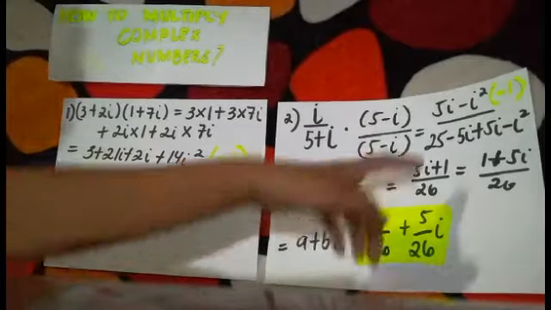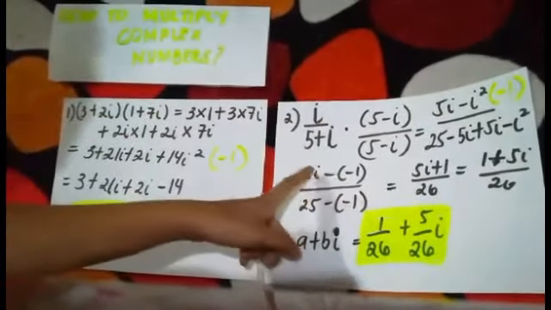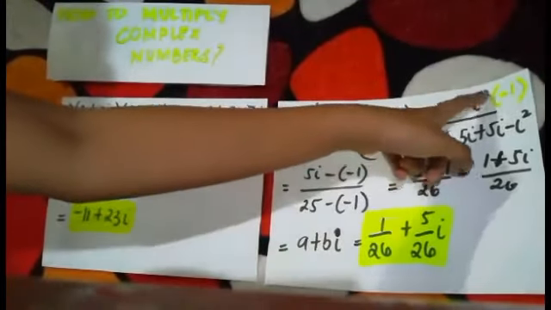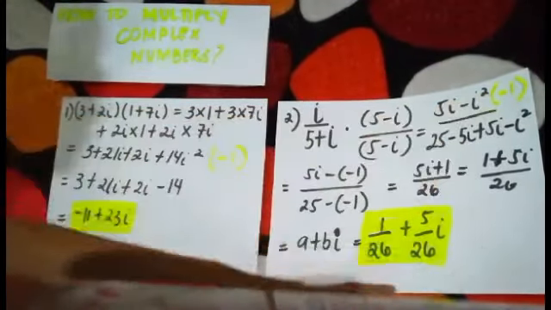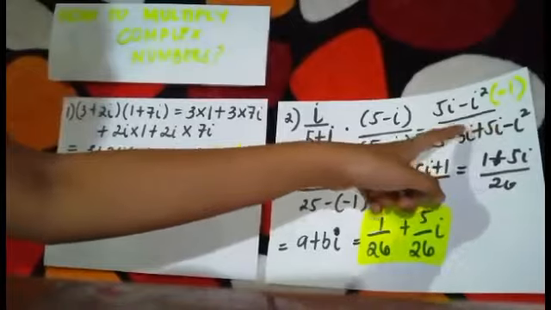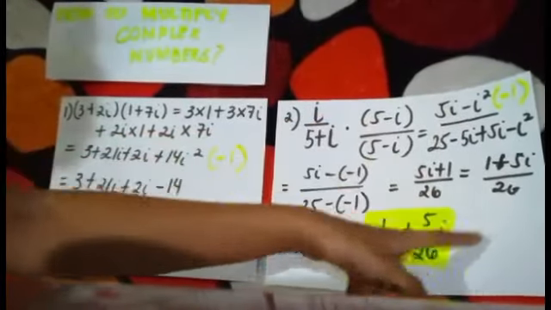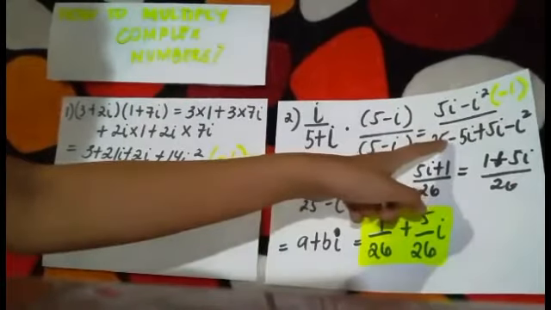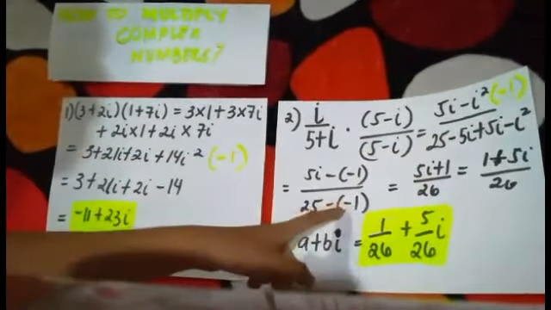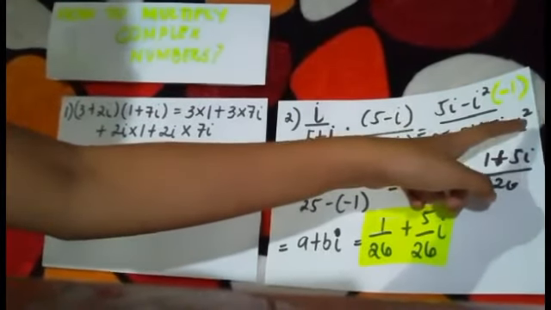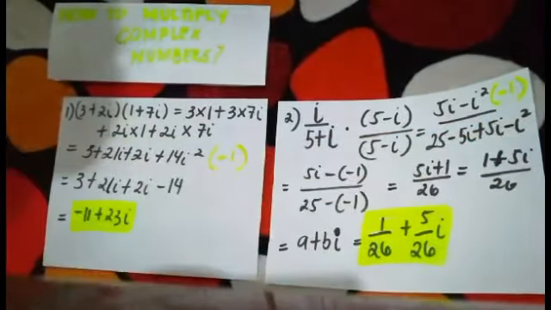Then 5i minus negative 1, because i squared is equal to negative 1. Then negative 5i plus 5i is equal to 0, so we will cancel this. Then 25 minus negative 1, because i squared is equal to negative 1.